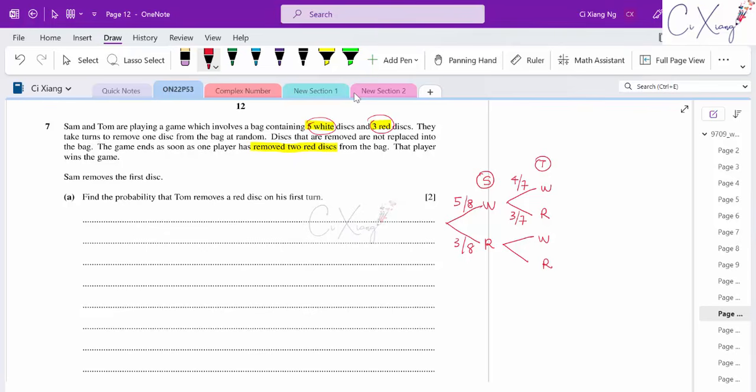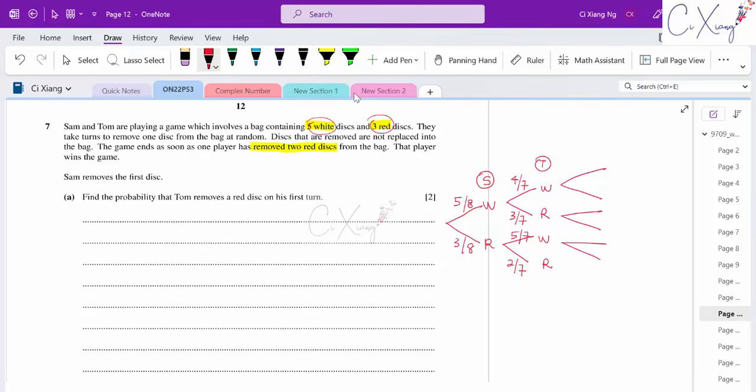Then if the first disc removed is red, and the second disc removed is also red, the probability will become 2 over 7. And I still have 5 over 7 for white. Okay, so we try to complete the tree diagram if you need to visualize it more clearly.